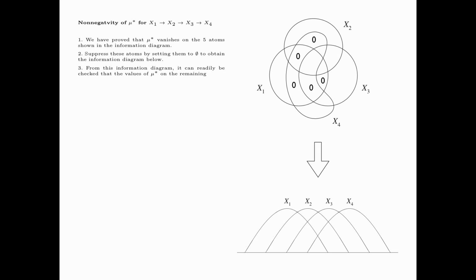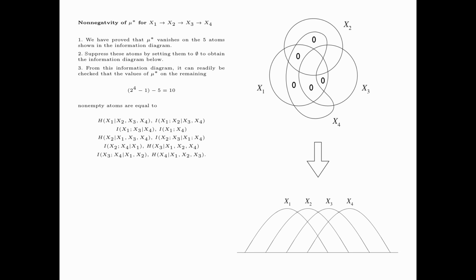From this information diagram, it can readily be checked that the values of mu star on the remaining 2 to the power 4 minus 1 minus 5 equals 10 non-empty atoms are equal to these information measures. These are all Shannon's information measures, which are always non-negative. Therefore, we have shown that mu star is a measure. As an exercise, identify these 10 atoms in the information diagram at the bottom.